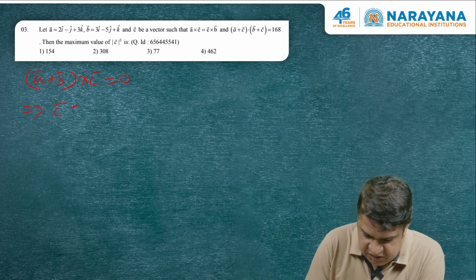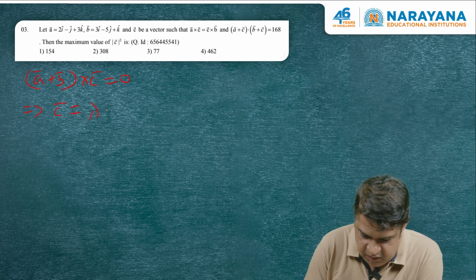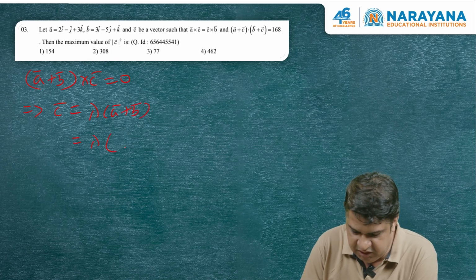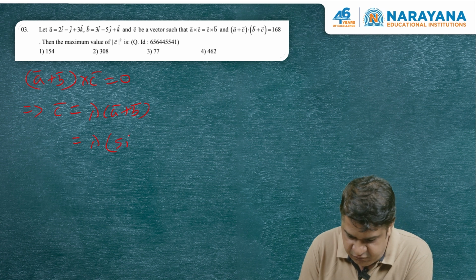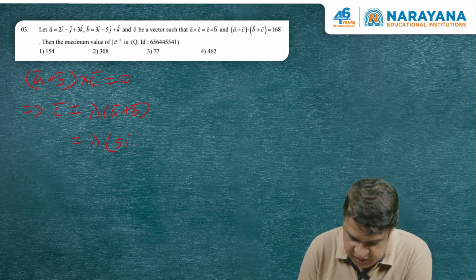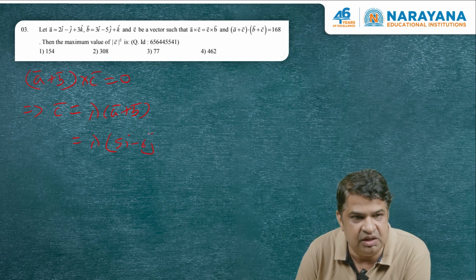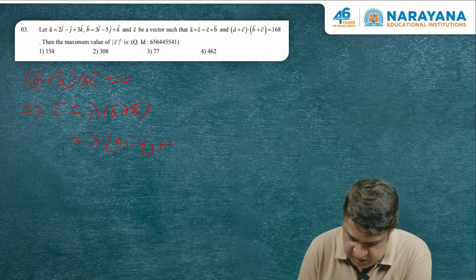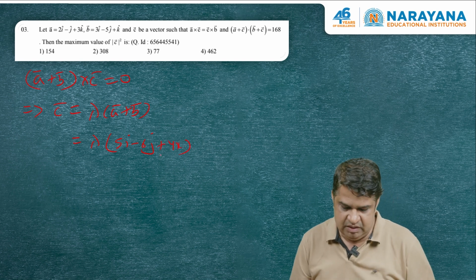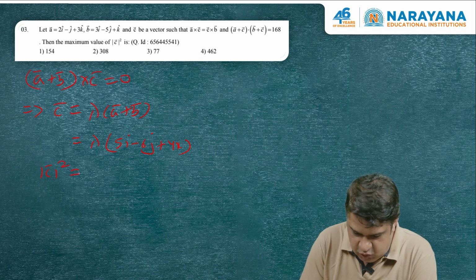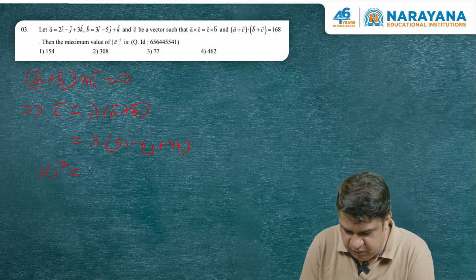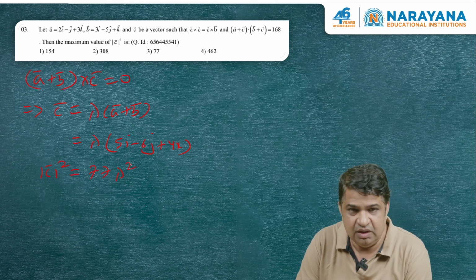It means our vector C is a multiple of vector A plus vector B, and vector A plus vector B means 2 plus 3 is 5i, minus j minus 5j is minus 6j, and 3k plus k is 4k, that is our vector C. From here we can calculate mod of C square, which comes out to 77 lambda square.